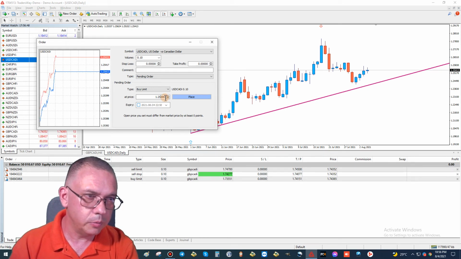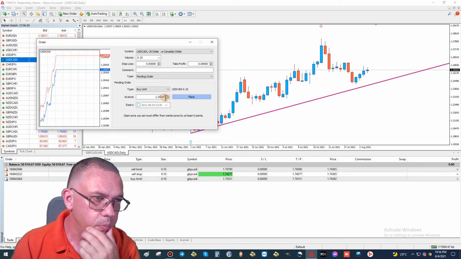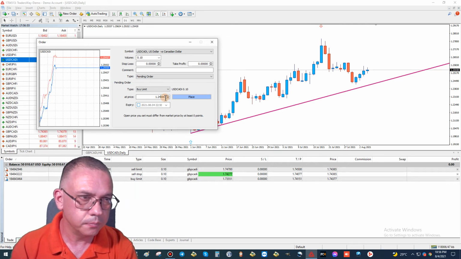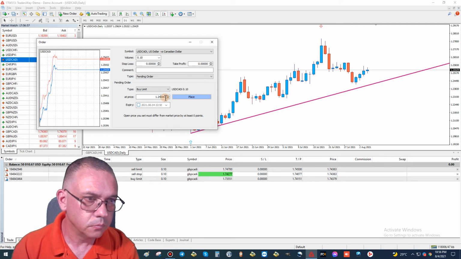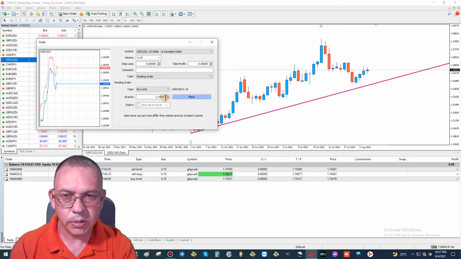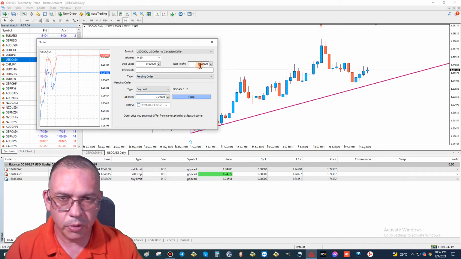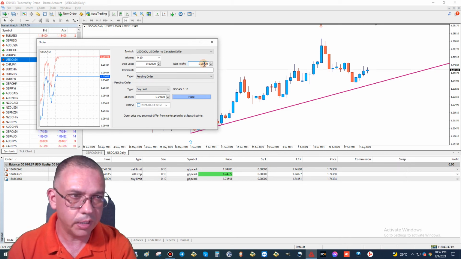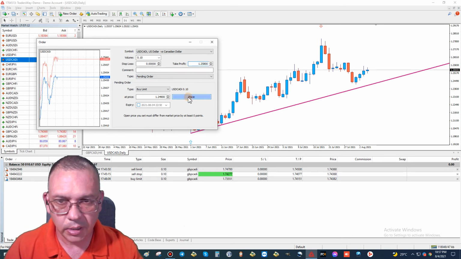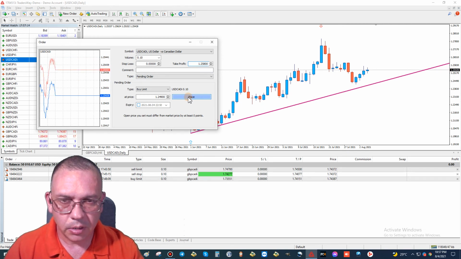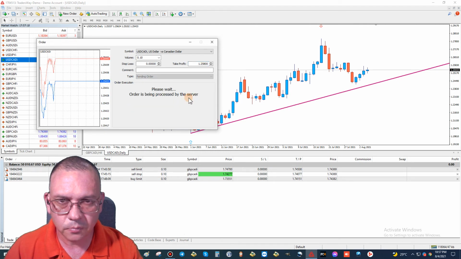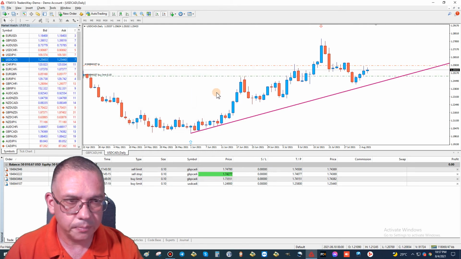This one's a little bit tricky to trade, but I'm going to put this at 1.24 900, and then take profit at 1.25 800. Okay, it's kind of big, but that's something that I can open and close within a couple of days. I'm going to place that trade here.